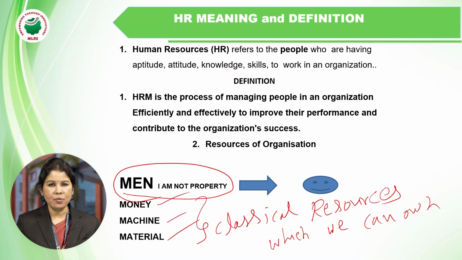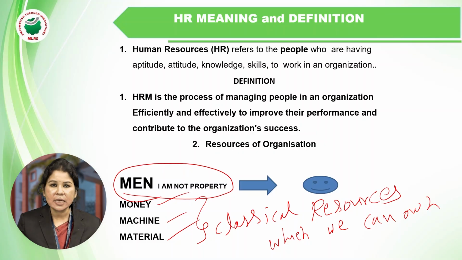Unless we have human resource, we can't imagine any organization. Human resource means people. Without people, can we imagine any organization? No. Of course, we are using advanced technologies like AI, robotics and all. But who has to invent that technology?